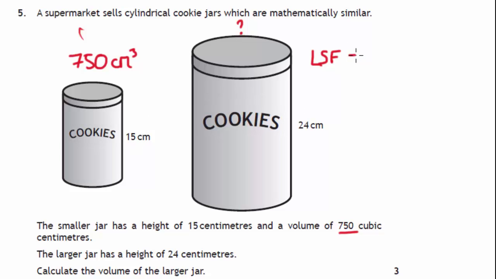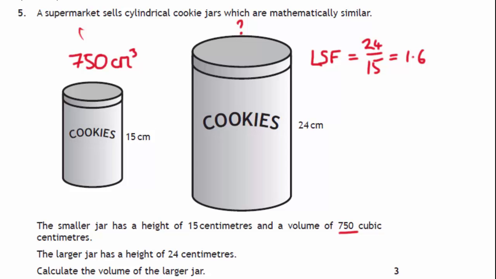To work that out, it's 24 divided by 15, and that gives you 1.6. If you times 15 by 1.6, you get 24. So that's the linear scale factor.